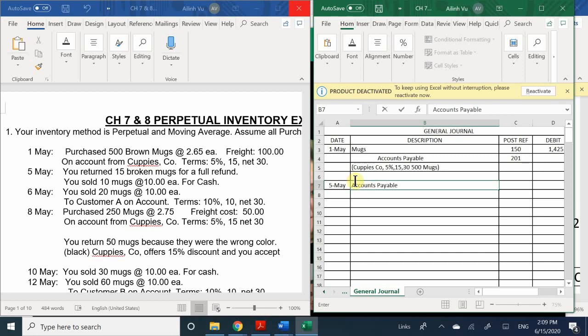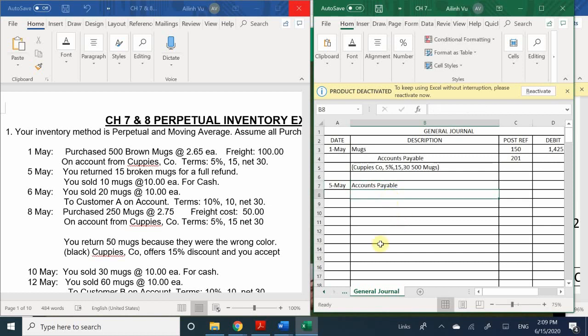The most important thing is how did you pay the vendor? If the vendor is going to give you a credit, then you can do an allowance. But in this case, they're going to reduce our bill by refunding us these 15 cups.